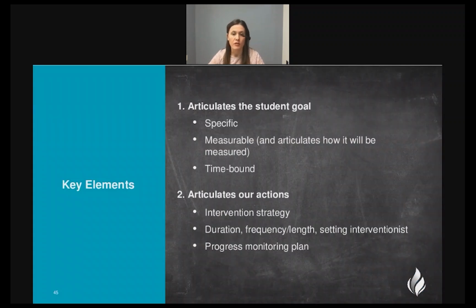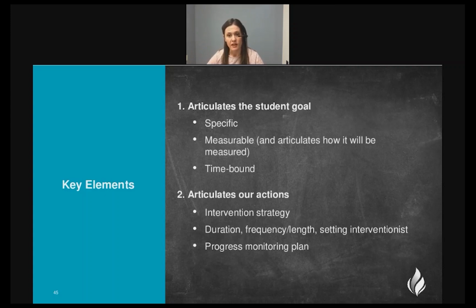So from there, we create a plan. We're articulating the student's goal. It needs to be specific, measurable, and time-bound. We're articulating what we're going to do, what is the actual intervention strategy we're implementing, what is the duration, the frequency, and the setting location, as well as the interventionist, who is going to do the work with the student.